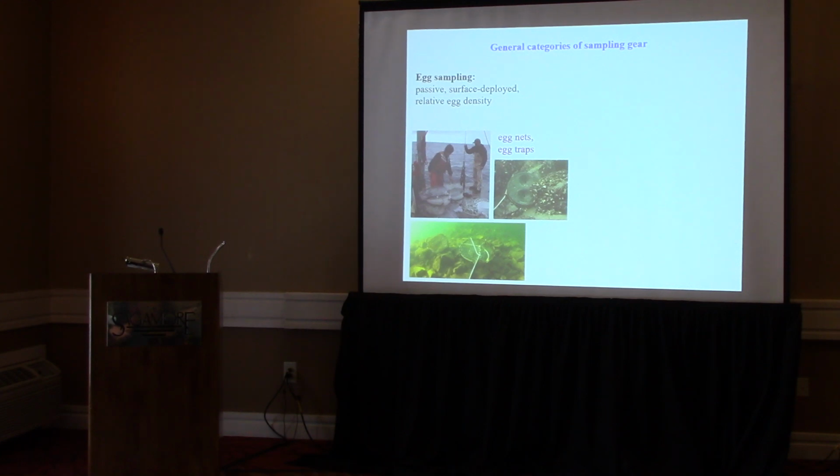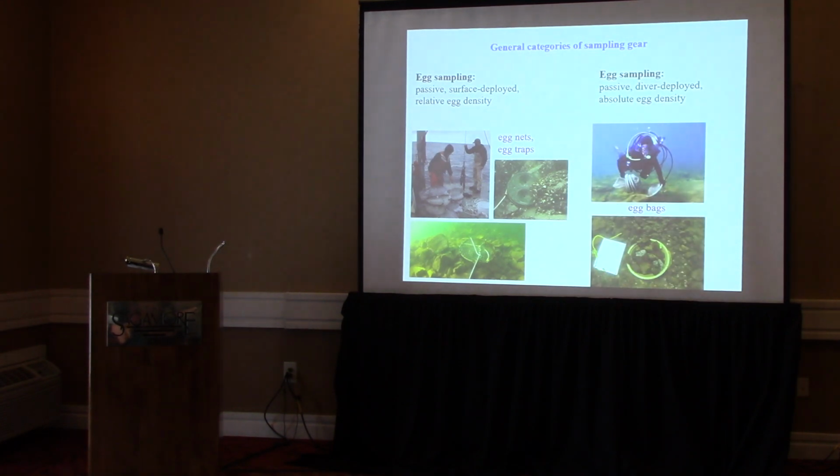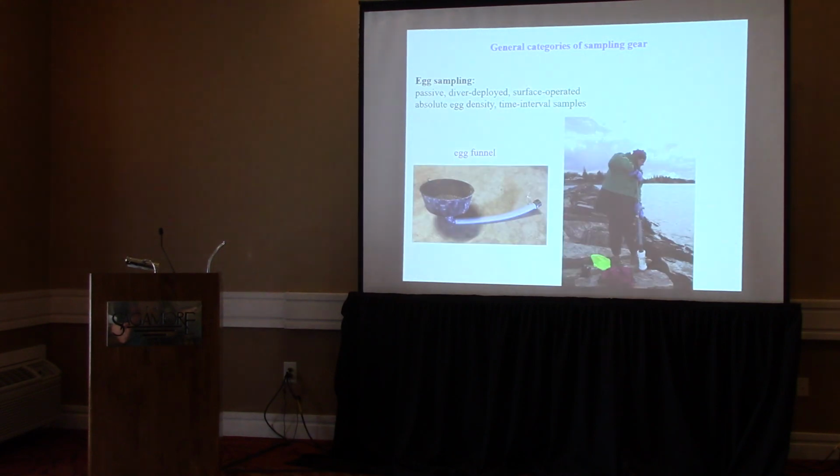The advantage of those is they're surface deployed, but they only give you relative egg density, eggs per trap per day, depending on how many traps or nets you put out there. If you want to go quantitative, suddenly you've got to have divers, because the way to do this, basically, is to put something into the substrate that's locked into the substrate, which you can only do from being there. And then you can get absolute densities of how many eggs per unit area you've got.